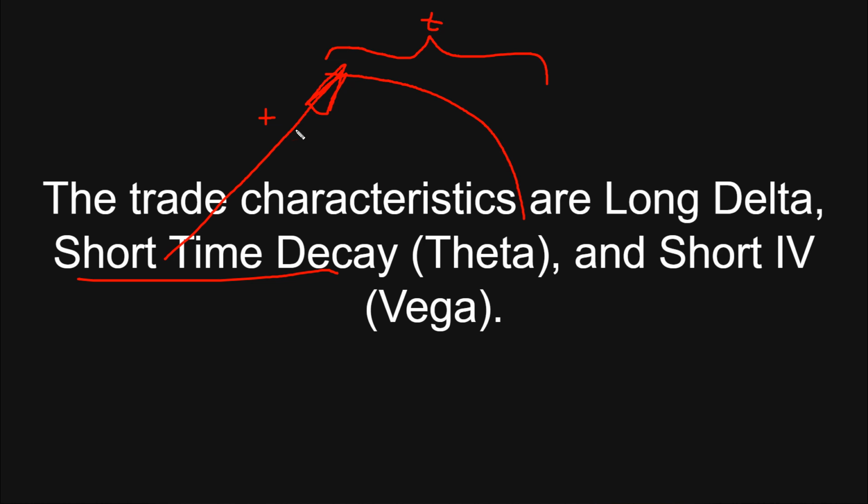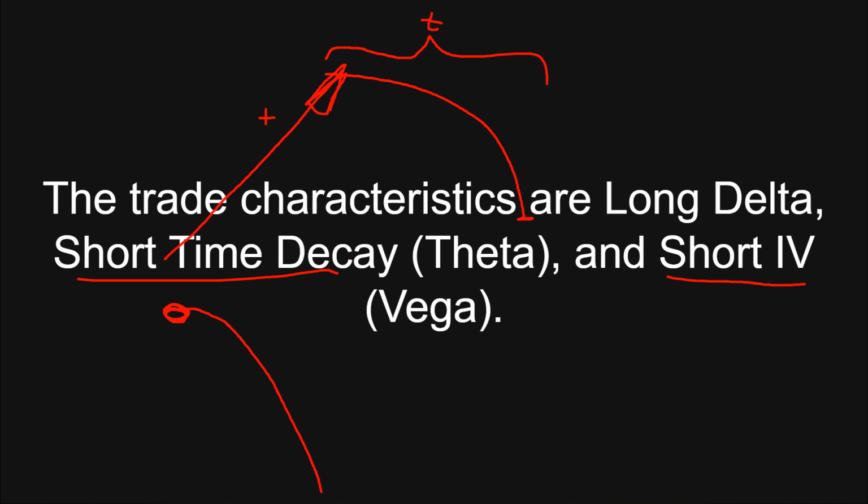And since we sold it, that's what we want it to do. And lastly, we have short implied volatility. What this means is that we want to be selling implied volatility while it's up here and then drops after we enter the trade.